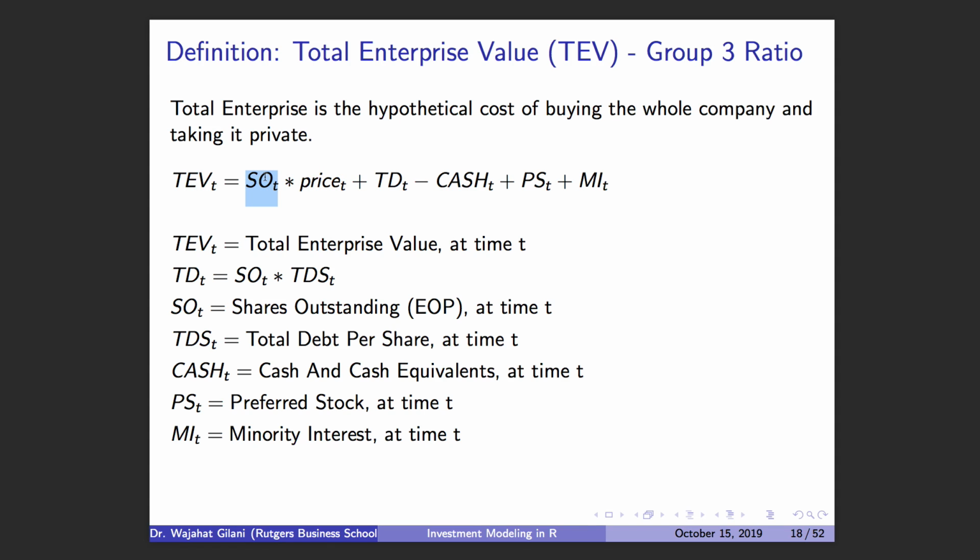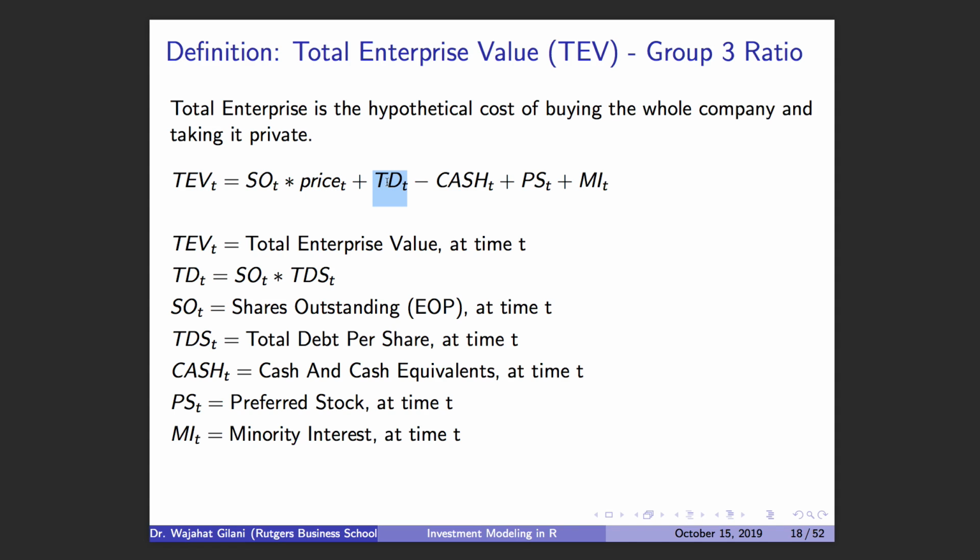It's all the shares that are outstanding and publicly traded times whatever the current price or target price you need to pay those shareholders to buy that company. For the purpose of our analysis, we just take the most recent market price. So shares outstanding times market price is my market value, and that is the largest component of my total enterprise value.